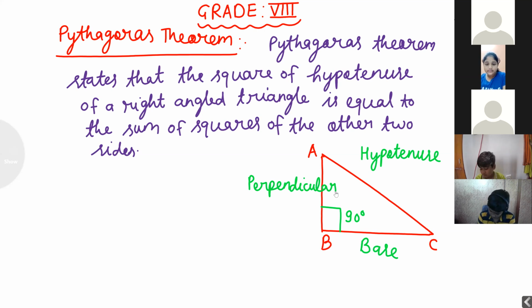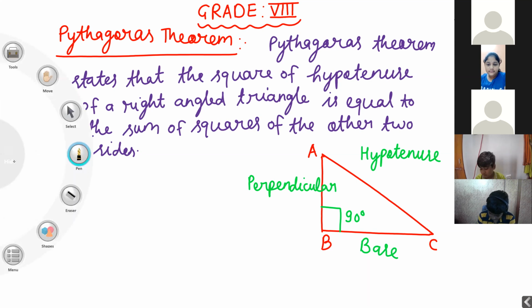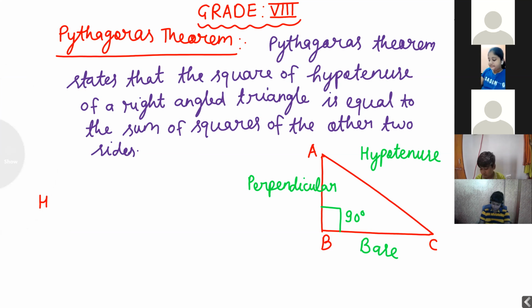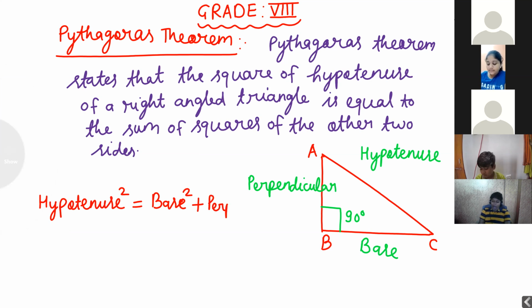Note down: hypotenuse square is equal to base square plus perpendicular square.